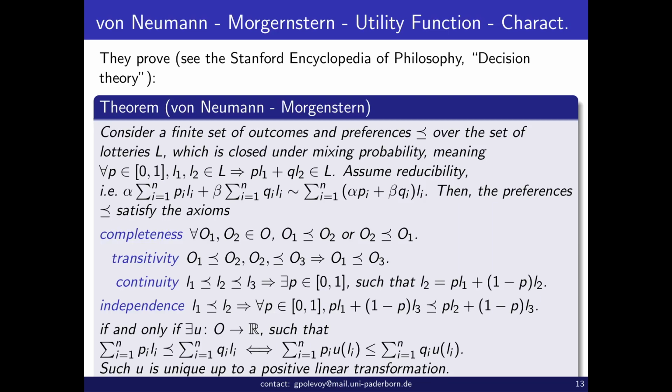Actually, it does not have to be 1 minus p. Any combination of two coefficients between 0 and 1 such that their sum is at most 1 is also a lottery. So that's what it means to be closed under mixing.